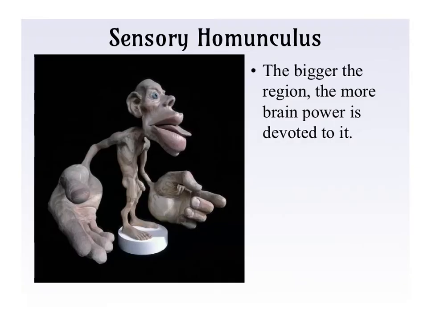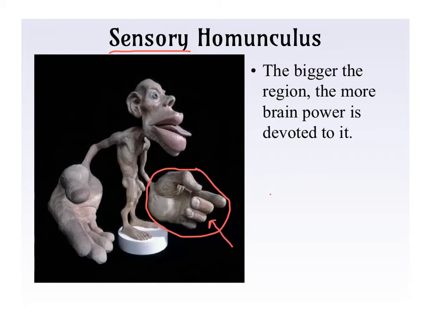And now this crazy little guy is a representation of how much of your cerebral cortex, your primary somatosensory cortex, is related to different parts of the body. So it's pretty easy to figure out how this guy works. The larger the body part, the larger area of the somatosensory cortex is dedicated to that body part.